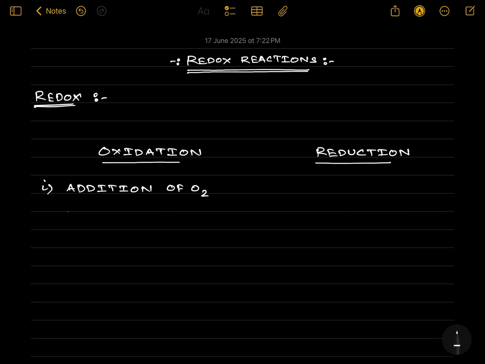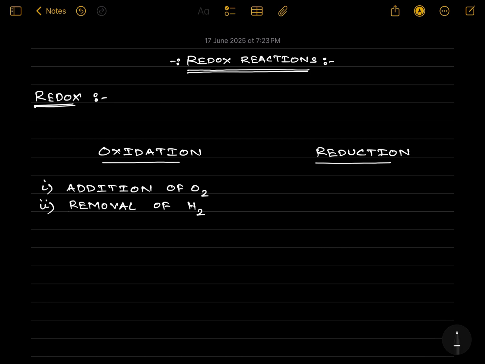But if you need to add oxygen, you definitely remove something in its place. What would you remove? Obviously, hydrogen. So oxidation is addition of oxygen or removal of hydrogen.